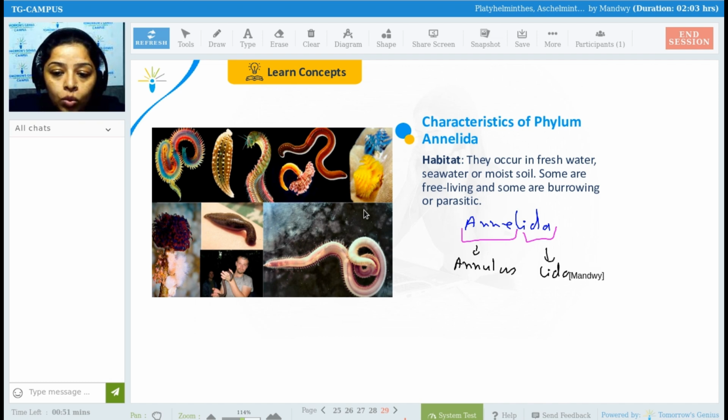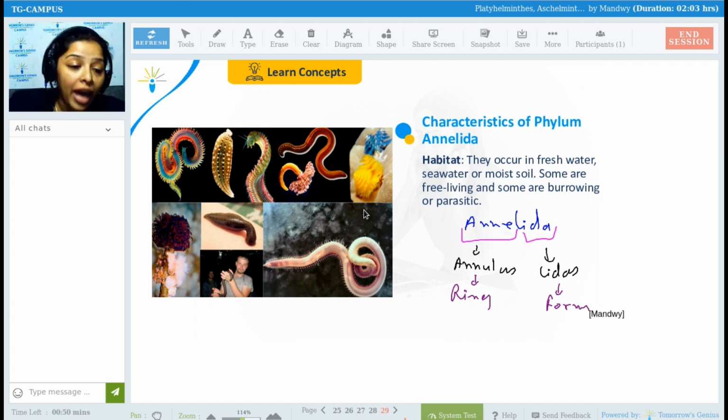The annulus means ring and litos means form. If any organism is having a ring-like body form, they are called as Annelida. Annulus and litos are the Greek terms, and from here the word Annelida is made.